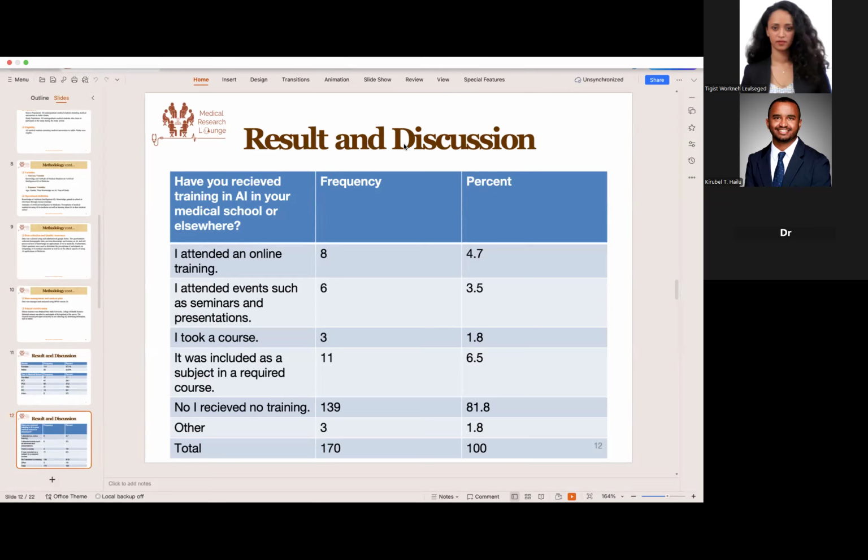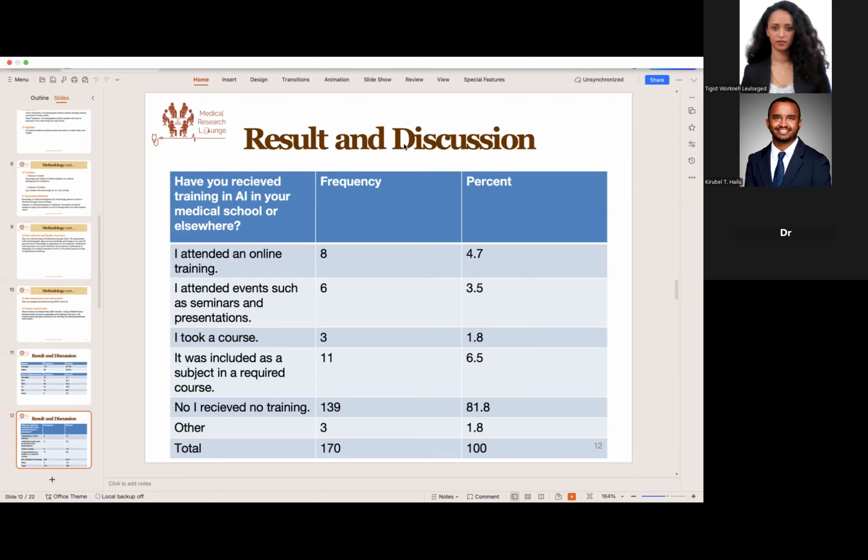So if these medical students did not receive training, say 18.2% did not receive training, and if they do not have any other exposure to AI-related content and its relevance, then you can't even assess their knowledge because they're not exposed at all. And automatically, we know that their knowledge score is going to be below the expected.